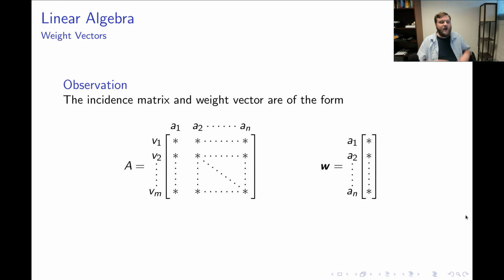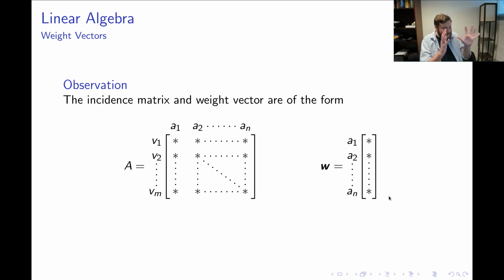Okay, so if we take survey of this theory of weighted directed graphs from the perspective of linear algebra, the idea is that we start with the data of a directed graph on m nodes and n arrows. So that means my incidence matrix is an m by n matrix. Furthermore, if I have weights on my directed graph, the data of the weights is encoded in a vector in R^n.